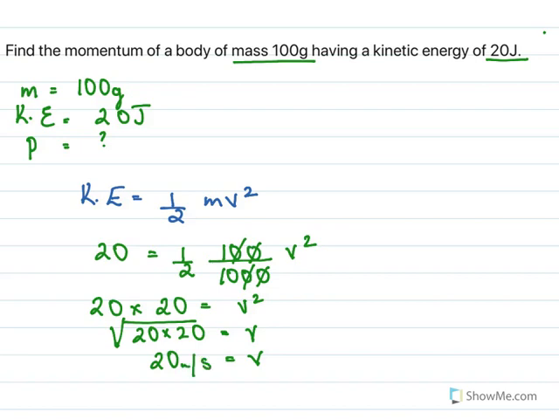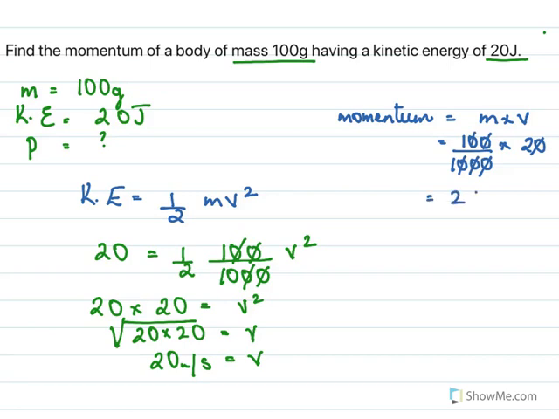They said we need to find momentum, and the formula for momentum is mass into velocity. Mass is 100 grams, divide by 1000 to make kgs, velocity 20. So now when you cancel, this will be 2 kg meter per second.